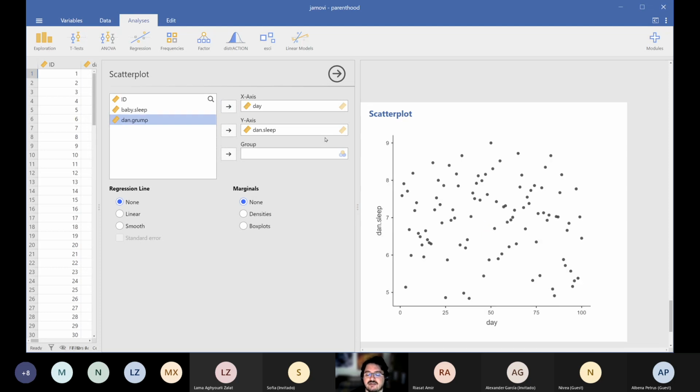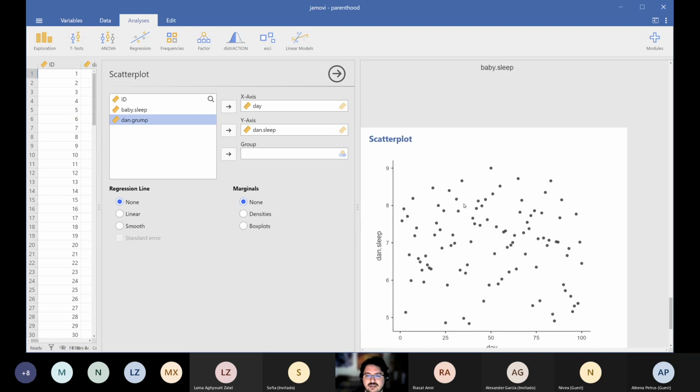Do you see anything here? I don't see anything. So the question is, can you draw a line here and say this is the best line that fits this data? I'd say no, but you certainly could, but it would be kind of terrible.